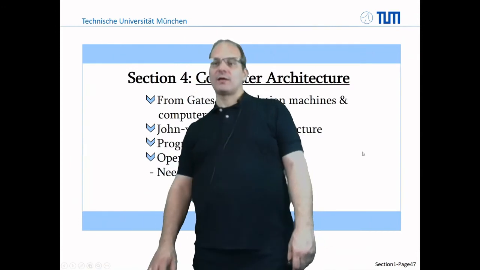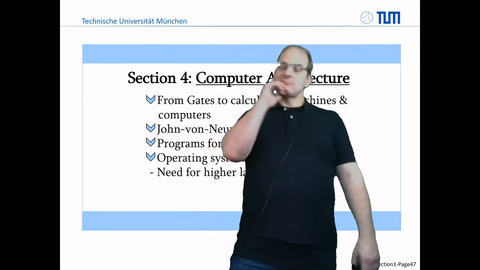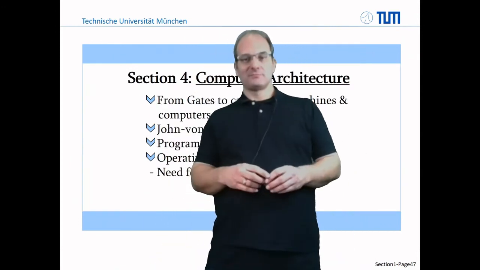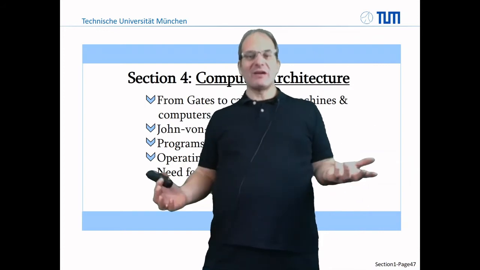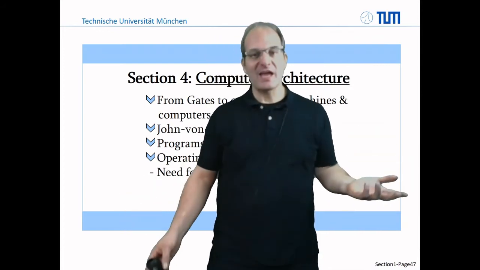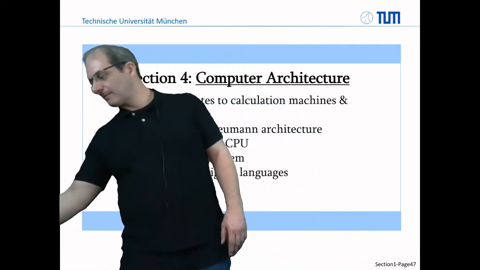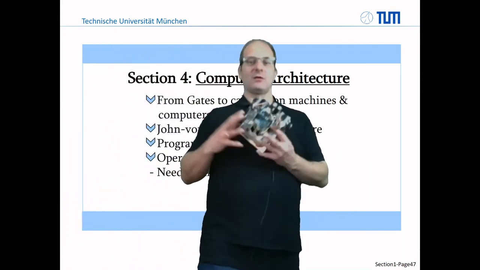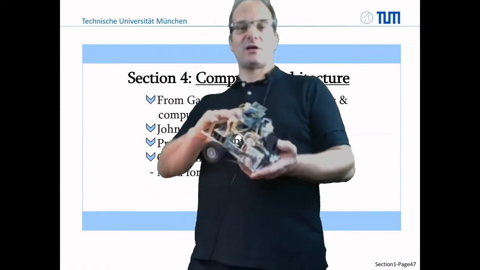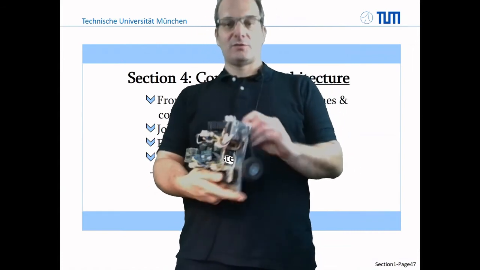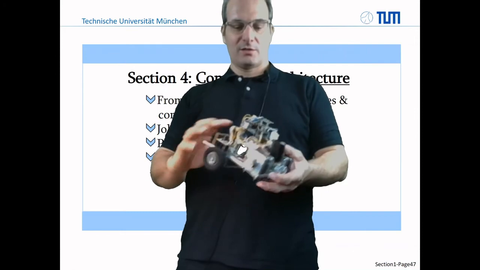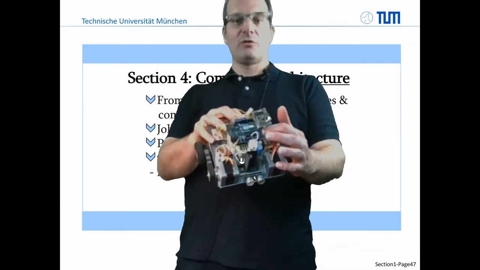so now we have everything. What we can do now is we can create our own stuff. So for example, we can build such a nice hardware. So this is a robot. Here is the microcontroller.